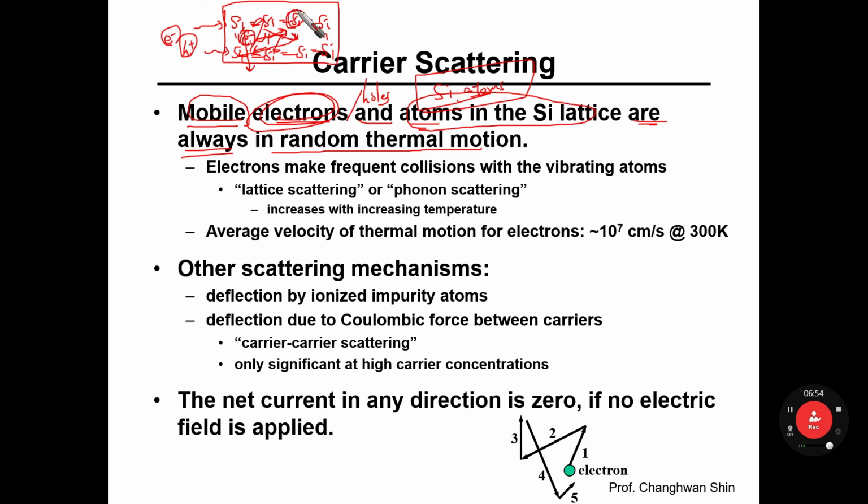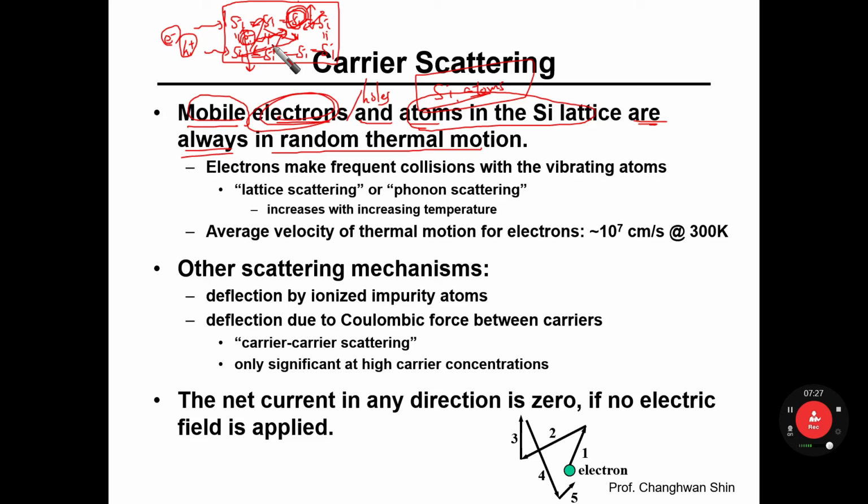What about this silicon? This silicon is tied with the four neighboring silicon atoms. However, this silicon atom itself may move up and down, front and back, left to right. It is vibrating. It cannot be pinned at a specific location. It is like trembling, vibrating.